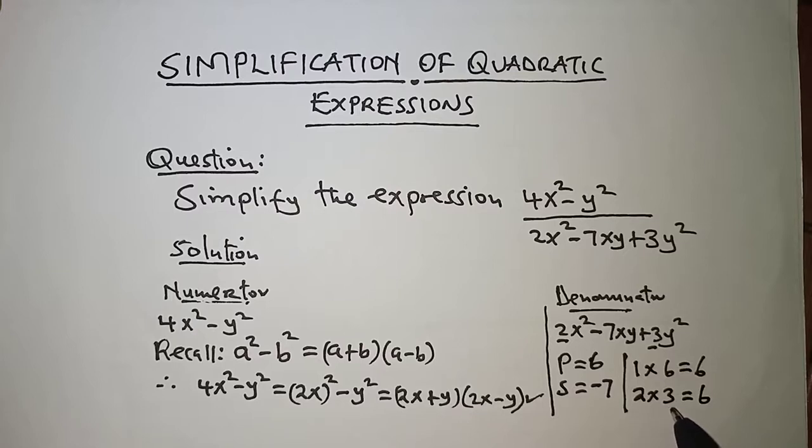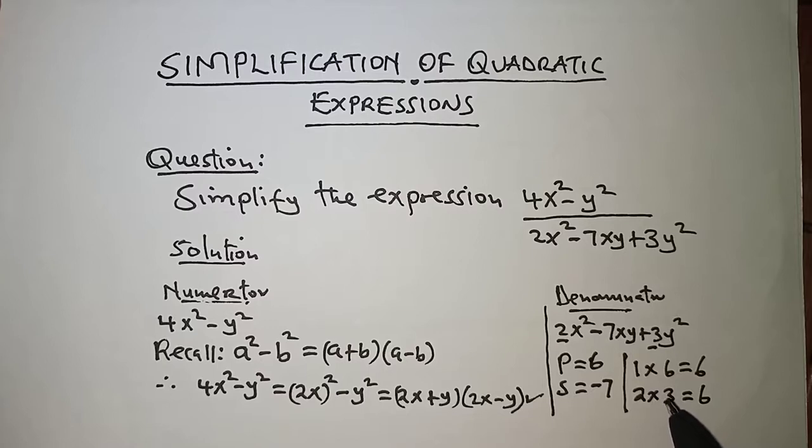And from 3, 4 is not a factor of 6, 5 is not a factor of 6, and the moment we get to 6, we realize 6 is repeating here. So we have exhausted all the factors possible. So from here, we have two pairs: 1 and 6, and 2 and 3.